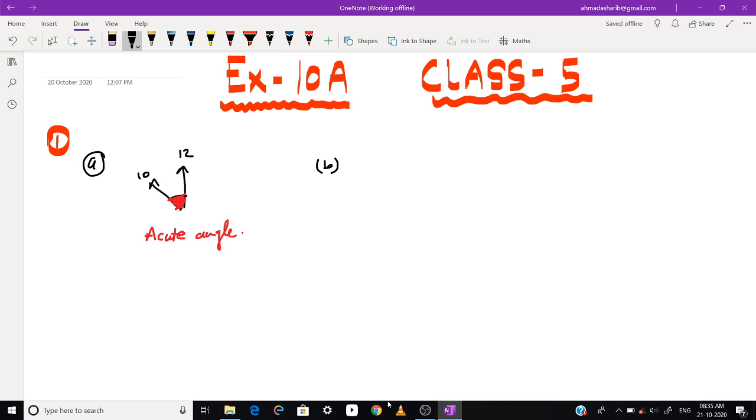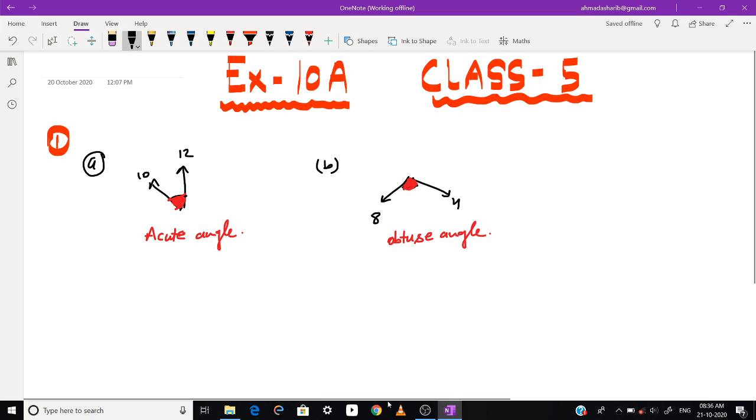Question B, it says one hand of the clock is at 4 and the other hand is at 8, and here we are talking about this angle. So what kind of angle is this? Since this angle is more than 90, so this is obtuse angle.